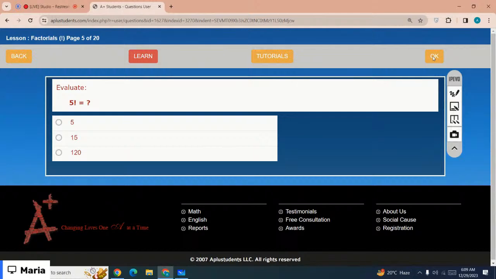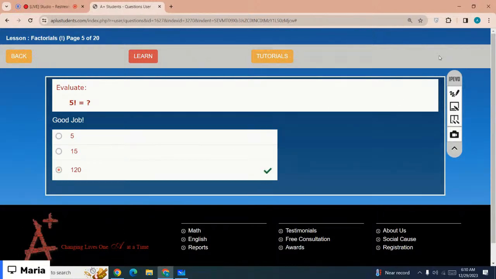5 factorial equals 120, right? You have to do 5 times 4 times 3 times 2 times 1.